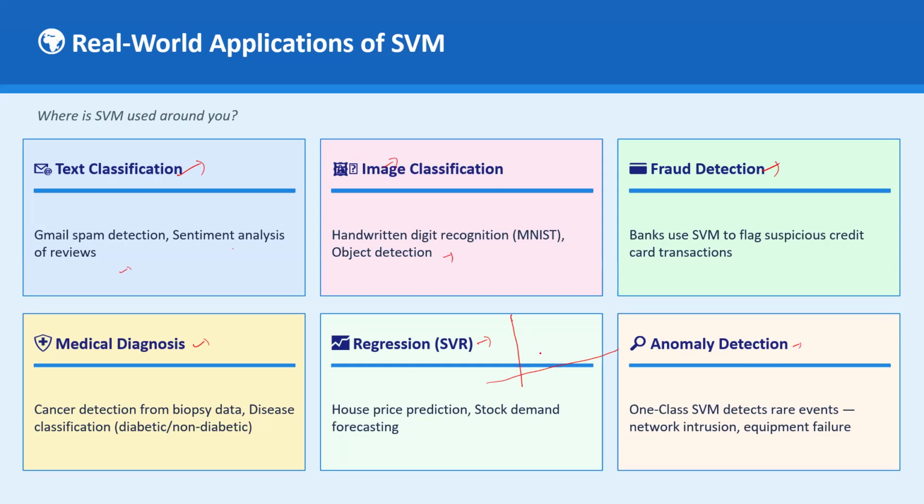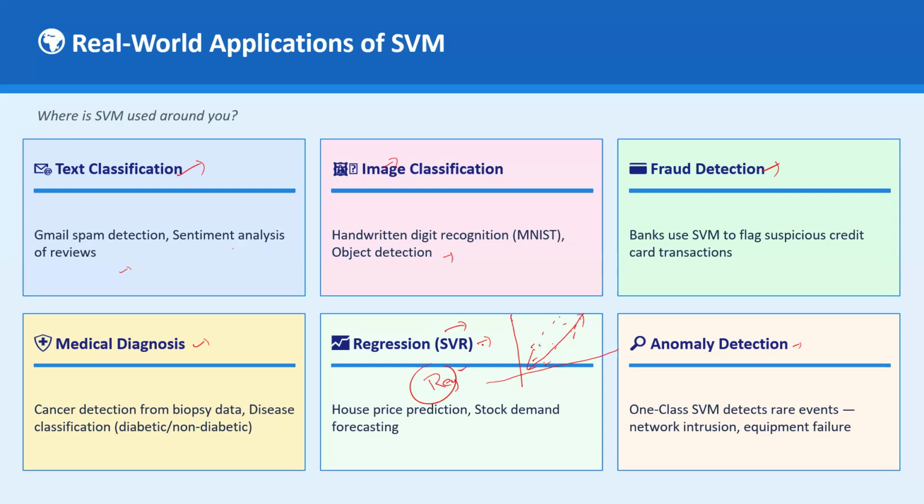But support vector regression works like this: all the data points are looking like this, and in a similar fashion, we find the best fit line. Once we find the best fit line, we can use this support vector regressor for regression data also.